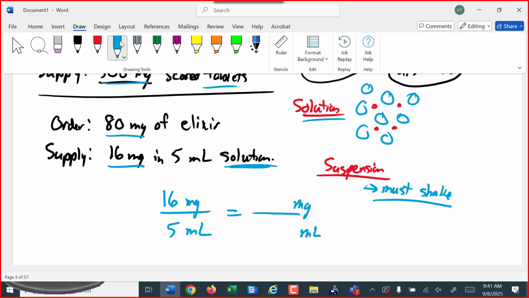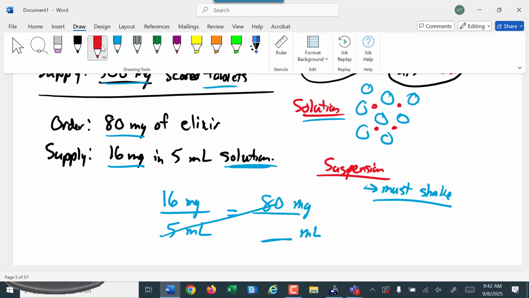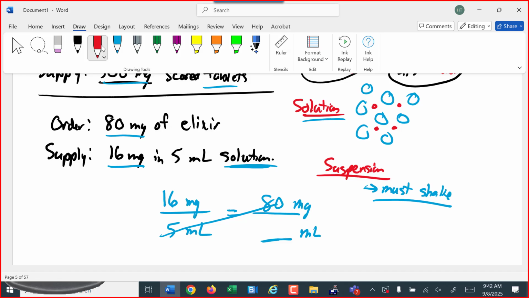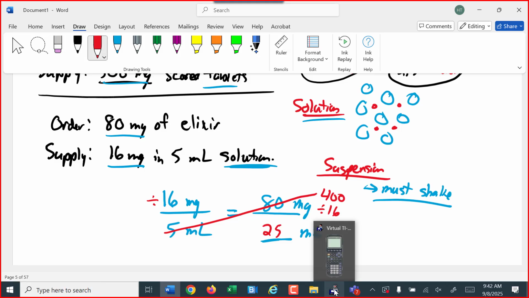So the 80 milligrams has to go on top, and what we get on bottom will be our amount to administer. So we cross multiply. 5 times 80 is 400. We divide by the 16, which is going to give us 25. Yeah, 25 milliliters.